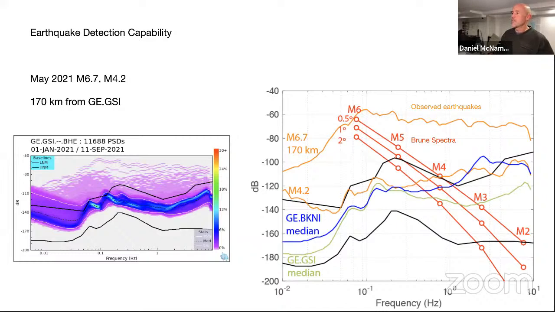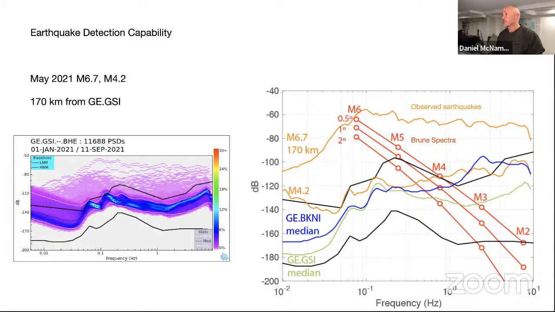And so we can use that to look at how well these particular stations would detect a certain size earthquake. For example, let's look at the blue line. That's the median of BKNY. What you can see is that BKNY probably could not detect a magnitude 4 earthquake at a distance of 1 degree, okay?